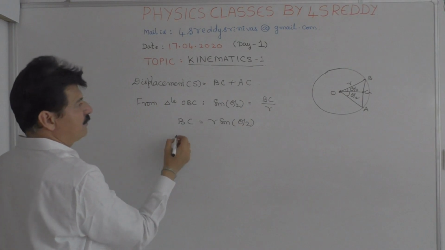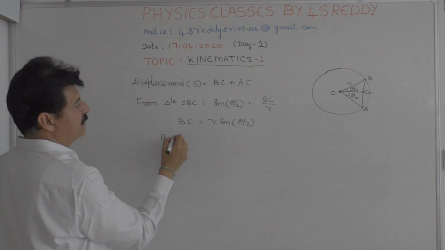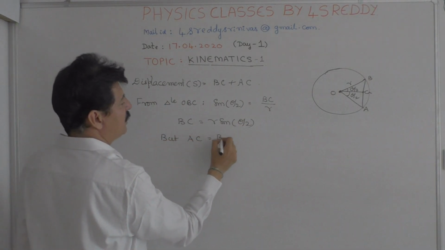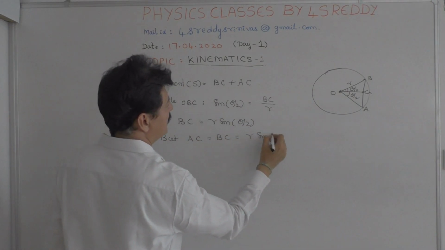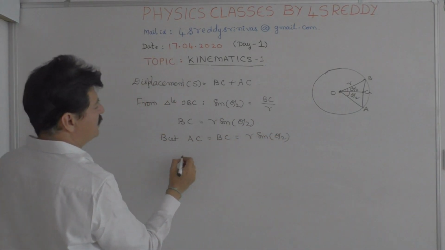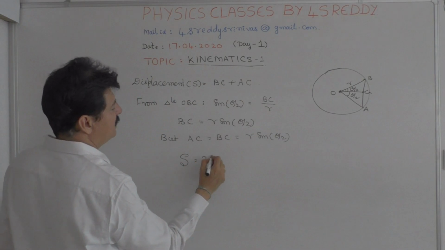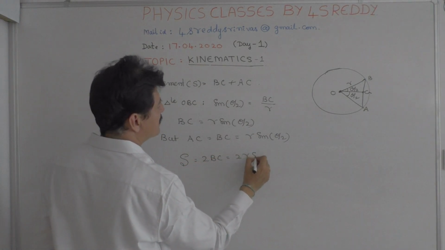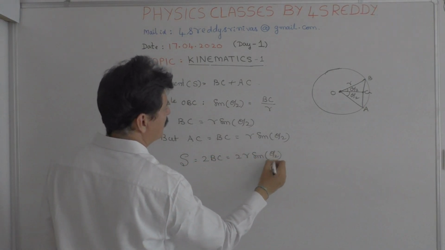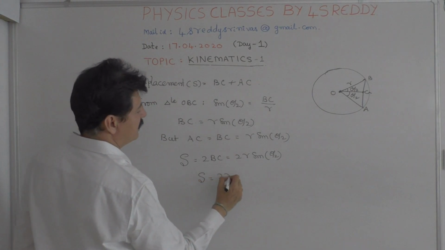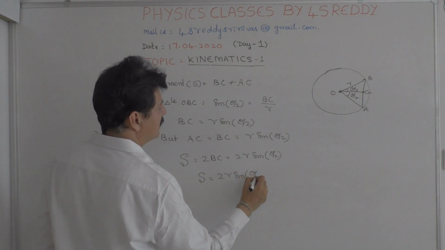AC and BC are both equal to R sin theta by 2. Therefore, displacement S is 2R sin theta by 2, because of the symmetry.